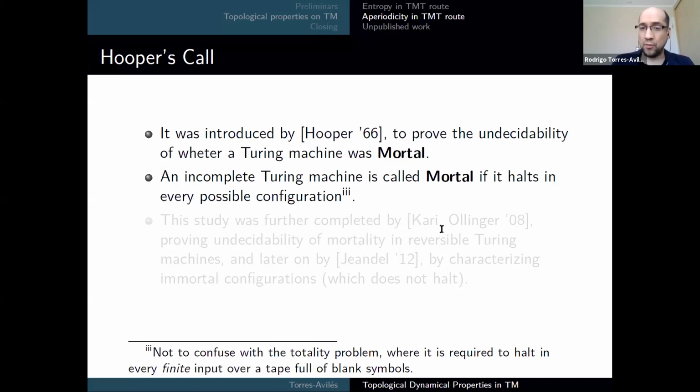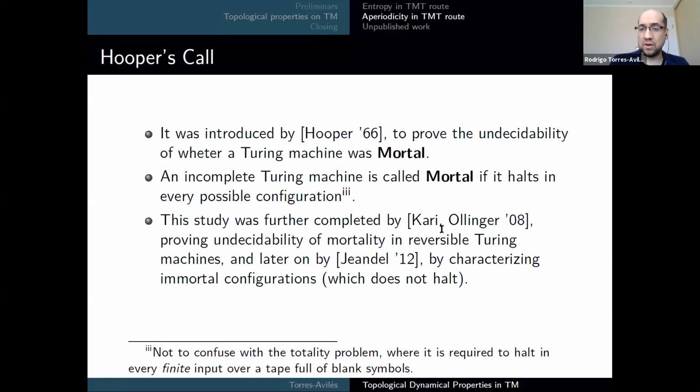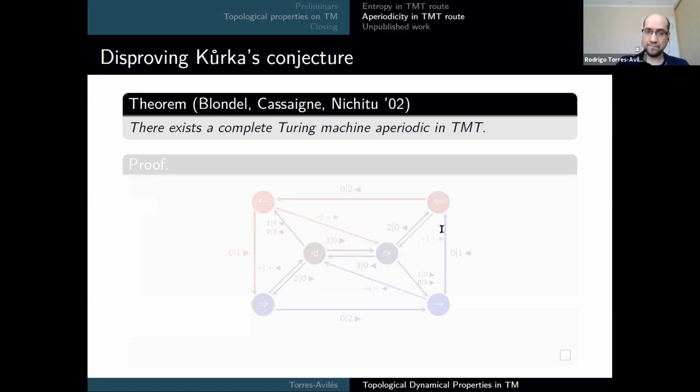Mortality was further improved by Kari and Ollinger in 2008, proving that this problem is also undecidable for reversible machines, and later by Zenil, by characterizing what an immortal configuration is. The first example of a Turing machine that is indeed aperiodic was by Blondel, Cassaigne, and Nichitiu in 2002.